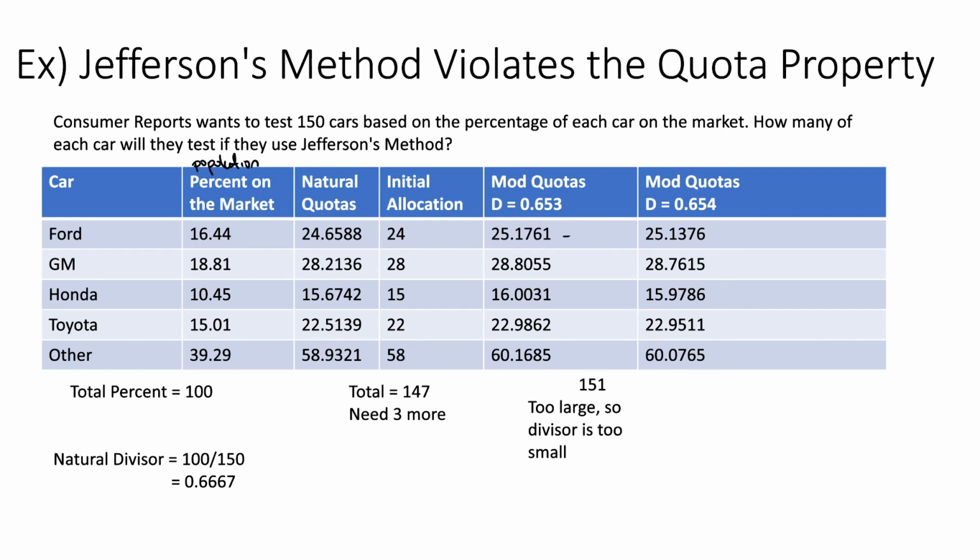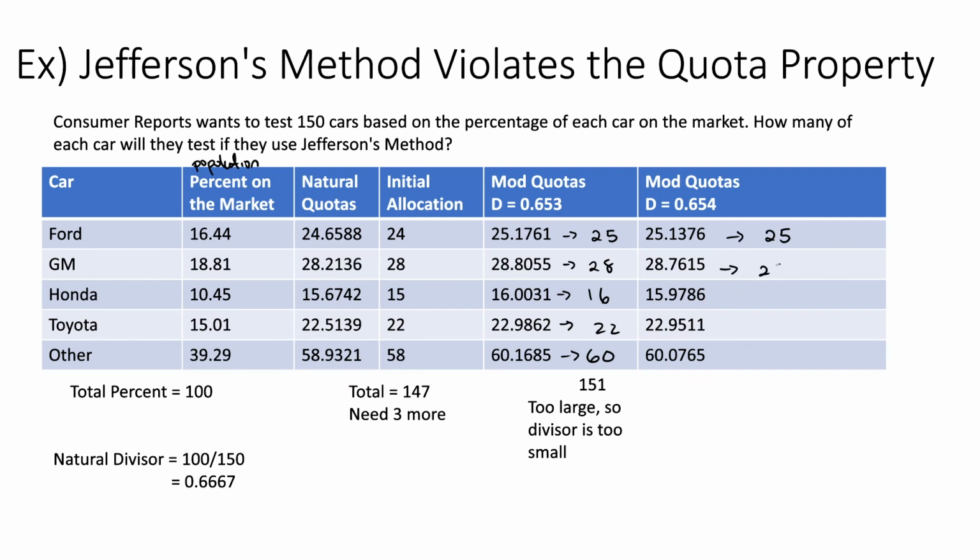And if we round everything down, we get 25, 28, 16, 22, and 60. This all adds up to 151, which means our modified divisor is too small because our allocation here is too large. So now we would want to try to make our divisor a little bit bigger. So if we make it just a little bit bigger, 0.654, we'll end up getting something that works.